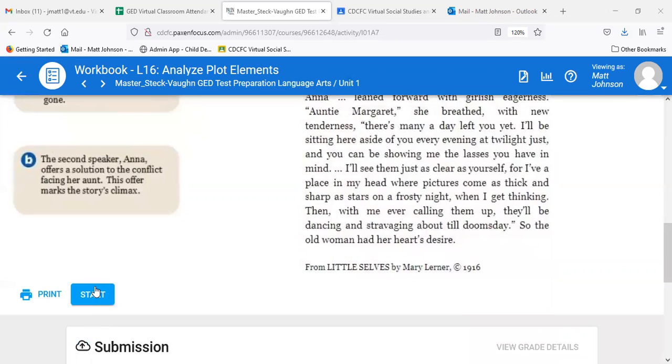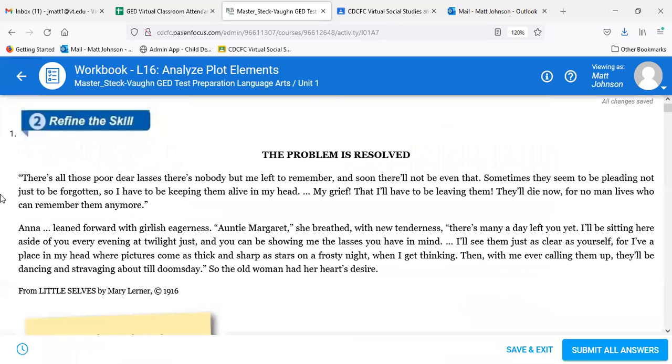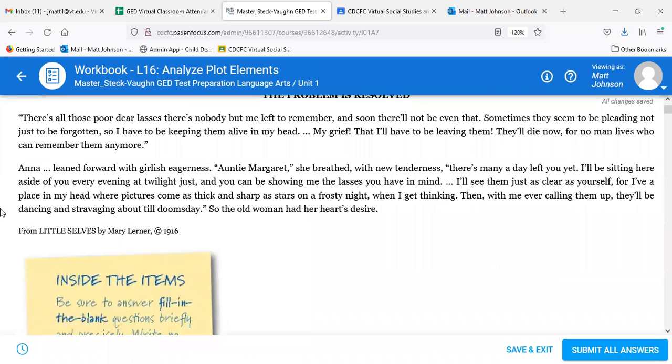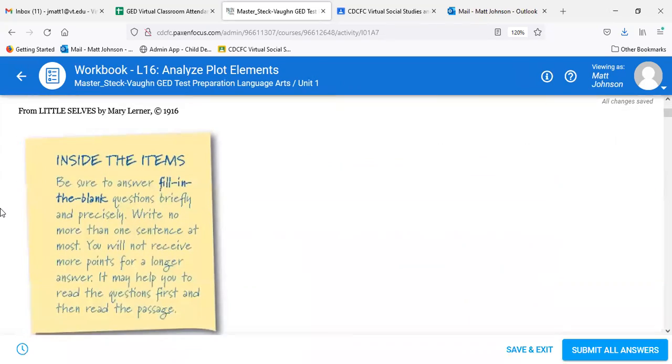All right, so let's start the workbook here. And so it says here, be sure to answer fill in the blank questions briefly and precisely. Write no more than one sentence at most. You will not receive more points for a longer answer. It may help you to read the questions first and then read the passage. So I will go ahead and read the passage, but you may need to review it once you have read the question.